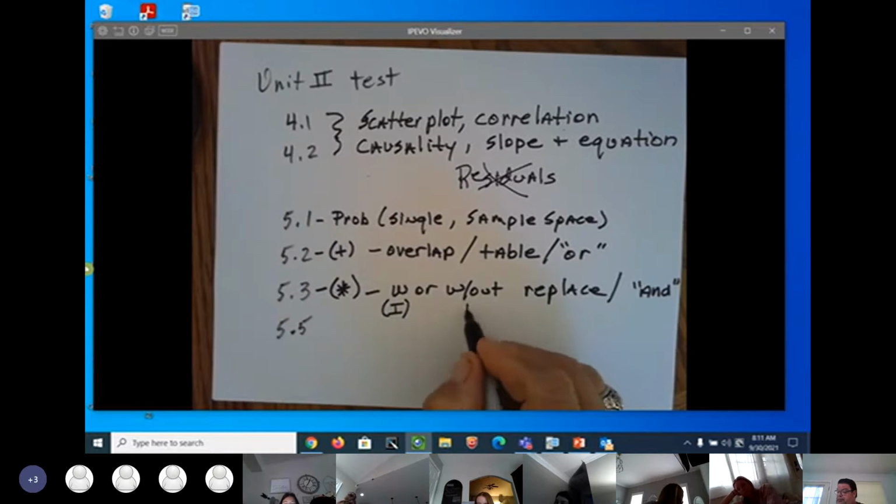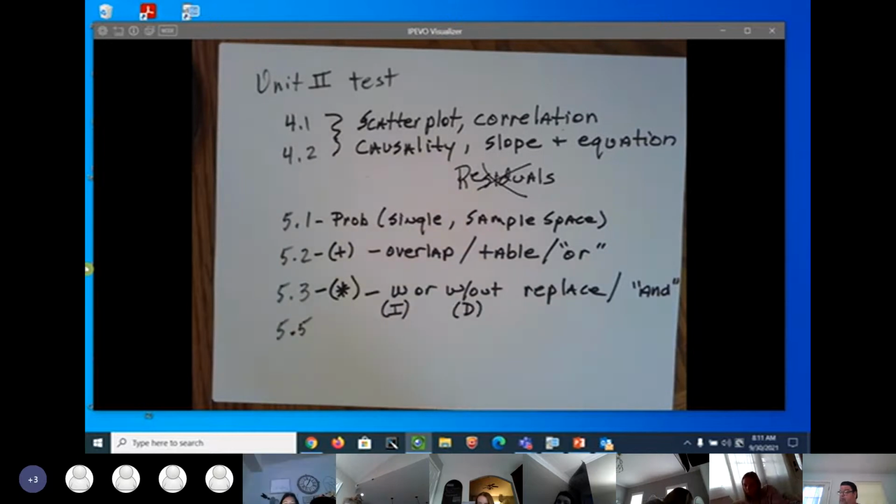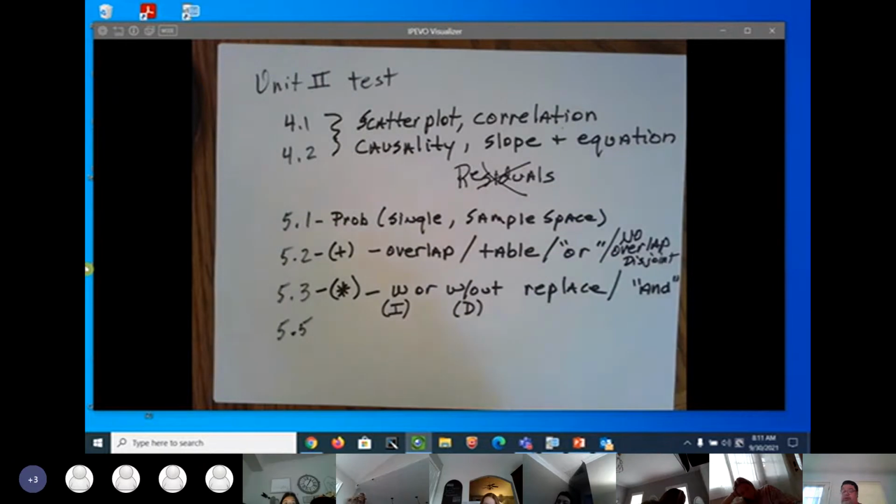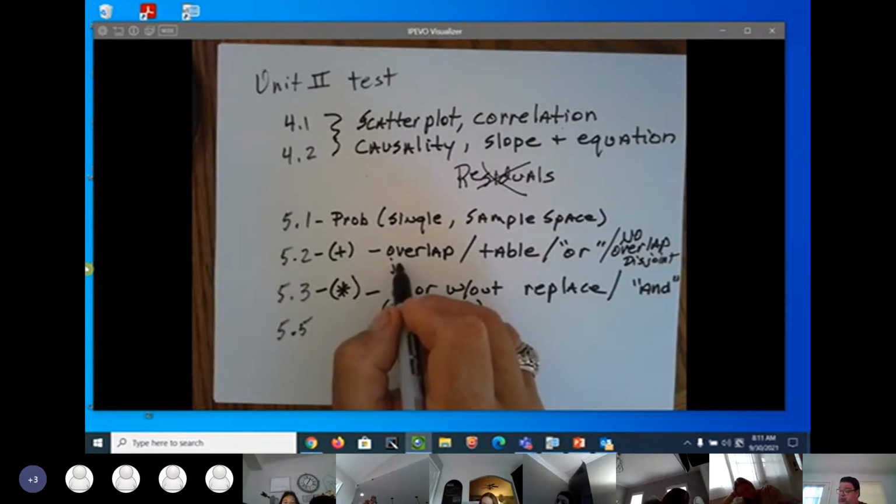Without replacement is dependent. I think if there's no overlap, it is disjoint. No overlap is disjoint. And overlap, I guess, is joint. I don't know. Joint.